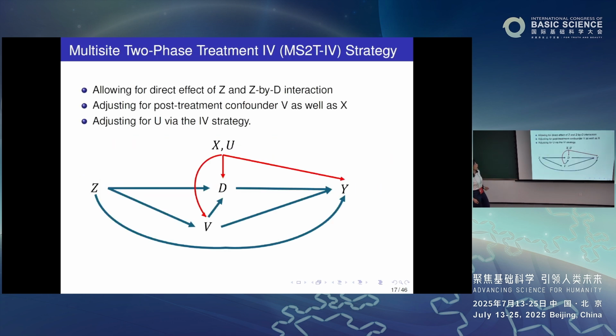But what we want is to allow for a direct effect of Z on Y, and to allow for possible interaction between Z and D on Y. And also we want to adjust for this post-treatment confounder V, as well as measured and unmeasured confounders in the D, Y relationship.